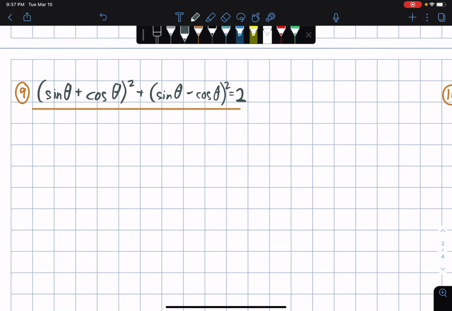Okay. The solution for number 9 is quite lengthy, so please pay attention once again. We will have to expand the expression. So, by the way, this is what I've been talking about. It's not all the time that you can solve or verify trigonometric identities using both sides.